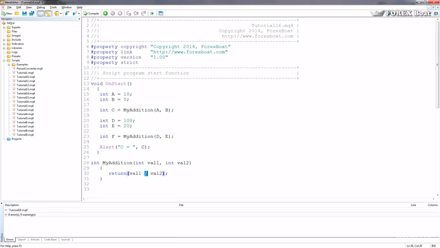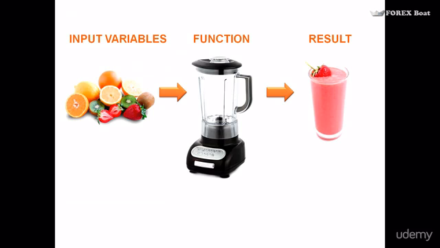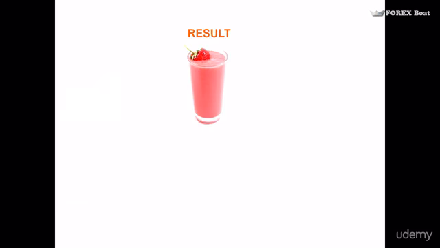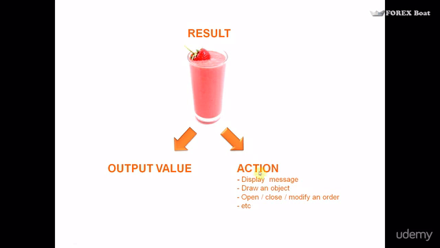Let's go back to the presentation and see what is next. So the result can be of two types. The result can be an output value, as we have seen, or the result can be an action. An action such as display a message, which we have seen in the case of the alert function. It doesn't add anything, but it actually displays a message on your screen. A function can draw an object.